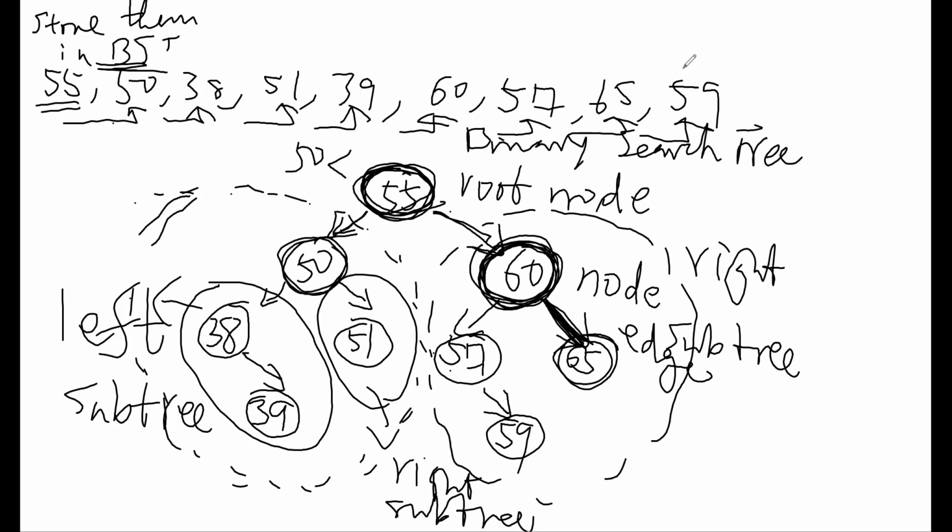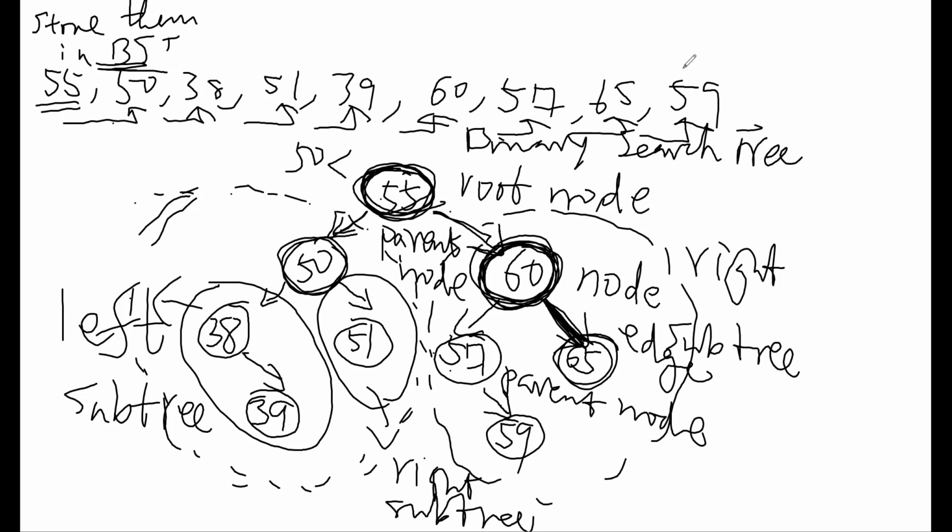And also there is a relationship between the nodes, 60 versus 65 and 55 versus 60. Generally speaking, we say 55 is a parent node of node 60. Same thing over here, 57 is also a parent node of node 59.